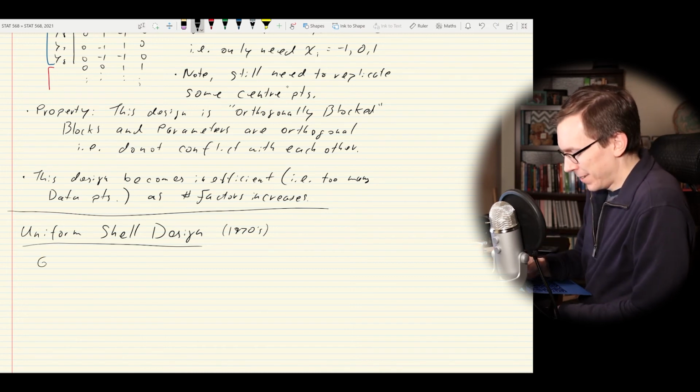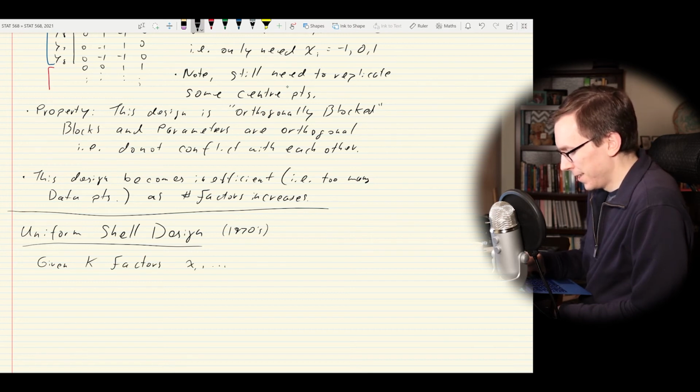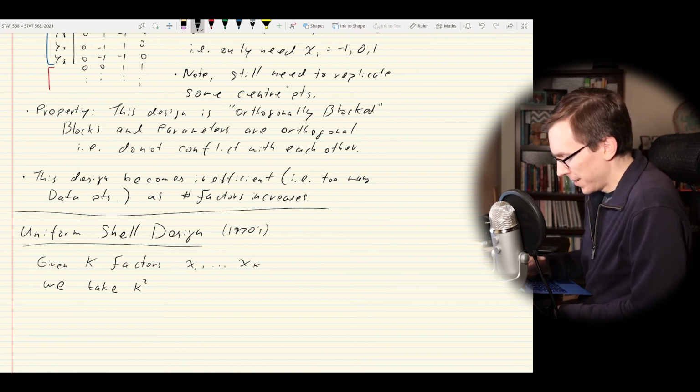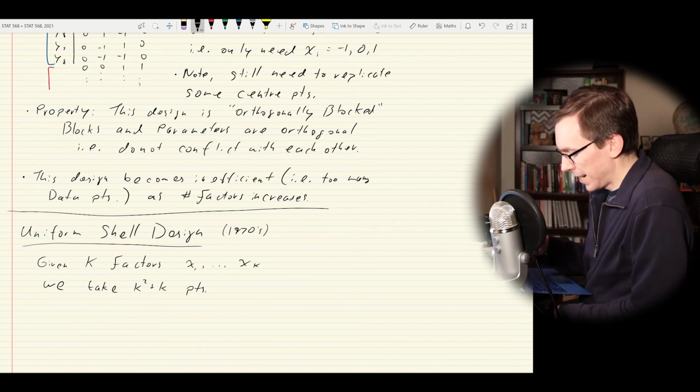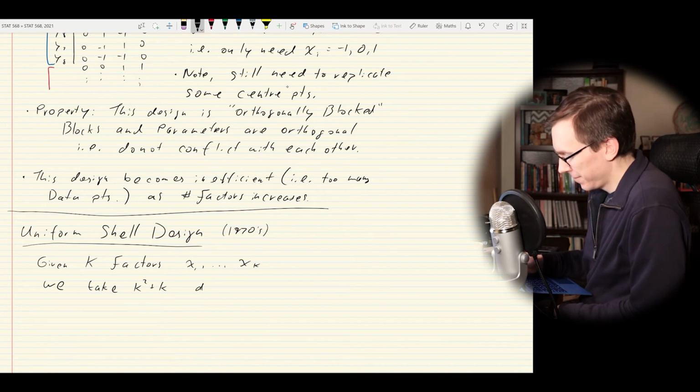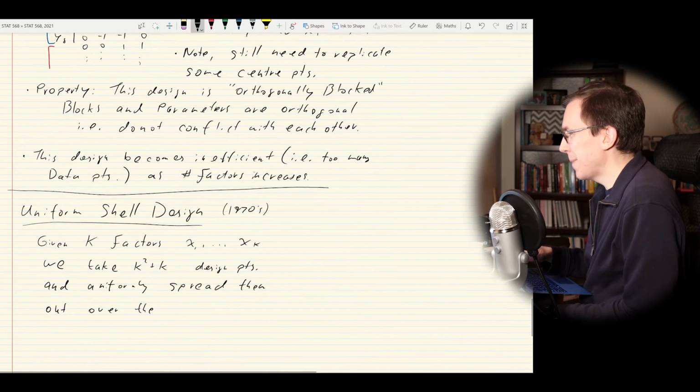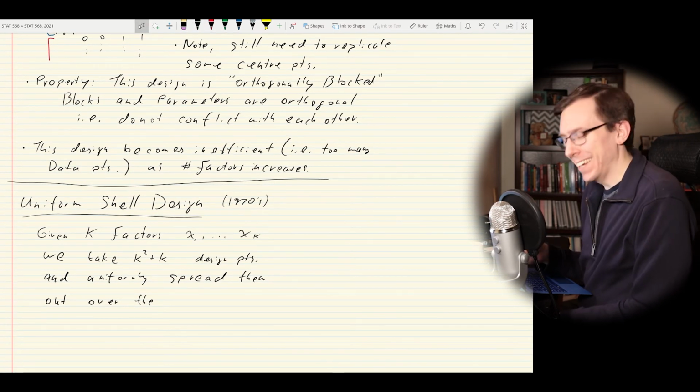Basically, given k factors, x1 through xk, we take k squared plus k design points, and uniformly spread them out over the, I guess, k-dimensional hypersphere.